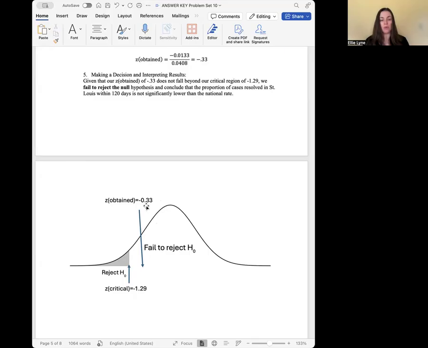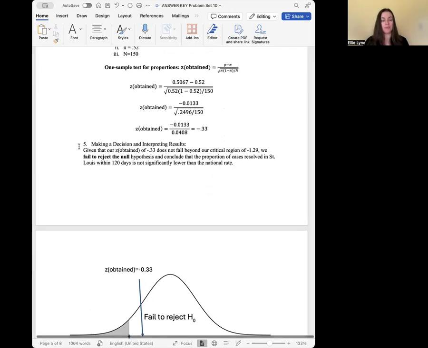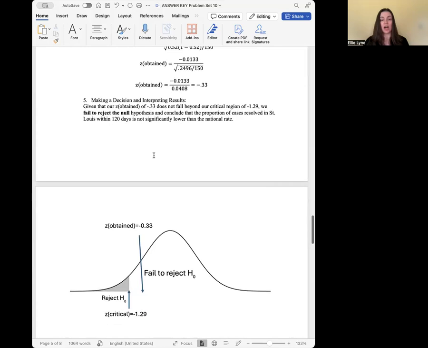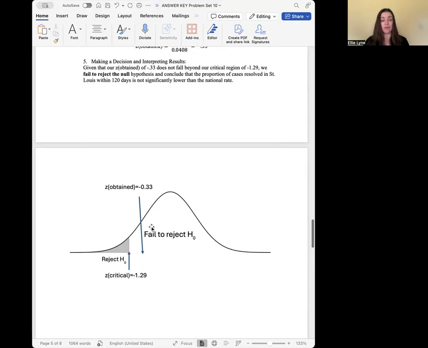And because of that, we failed to reject the null hypothesis. But what does that mean for the context of this problem? Let's take a look. Given that our z obtained of negative 0.33 does not fall beyond our critical region of negative 1.29, and what I mean by that is that we're safe, right? It doesn't go over this region.